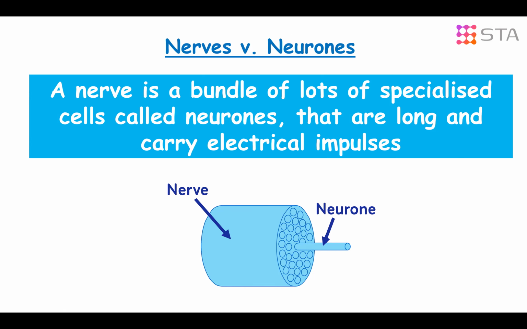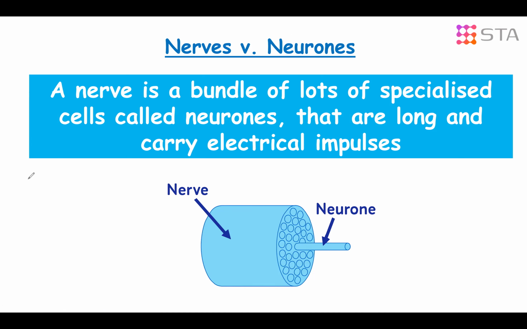So a neuron is an individual long nerve cell. Okay, a neuron is an individual nerve cell, and they're long and they carry electrical impulses. That word that we did use.